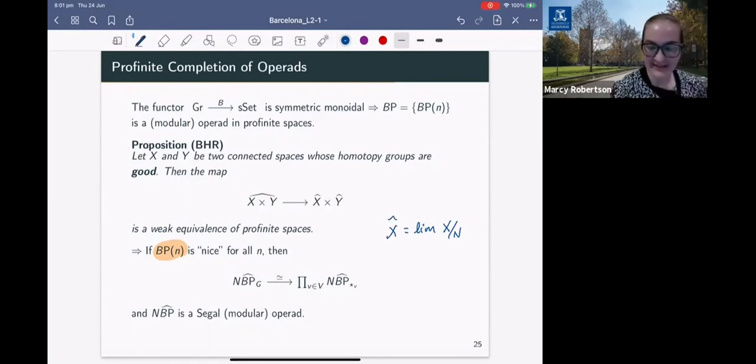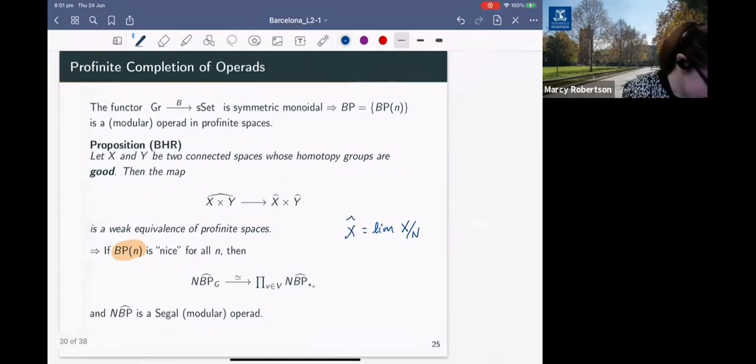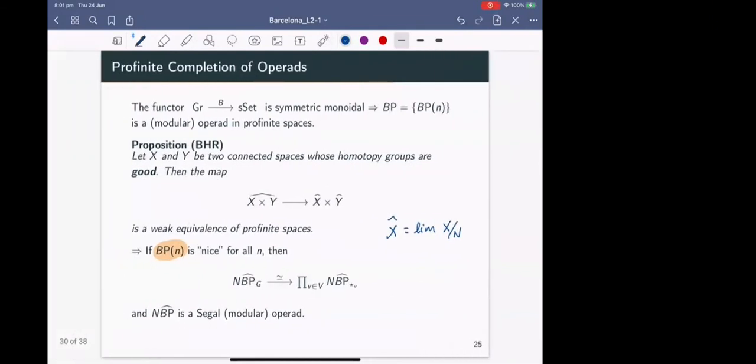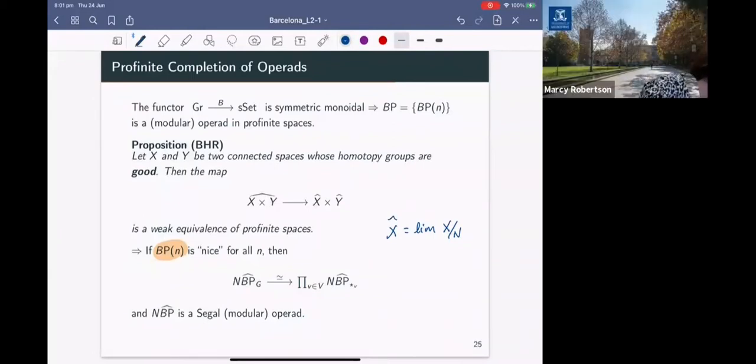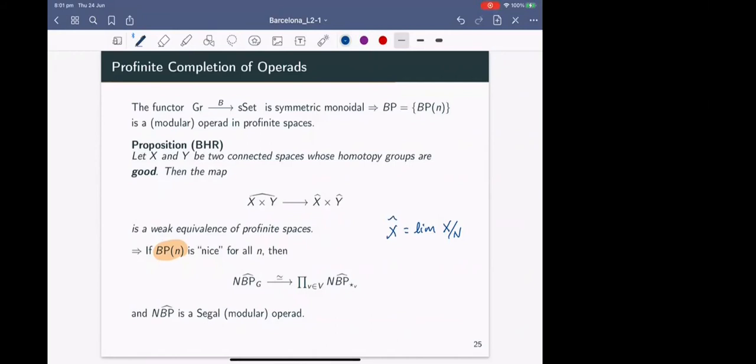Does anyone remember the terminology? No, but a Stone space is often called a profinite set. Oh, right, sorry. A profinite space is a simplicial Stone space.